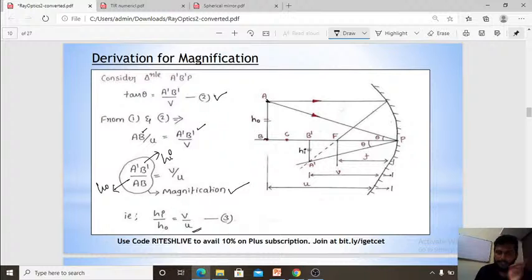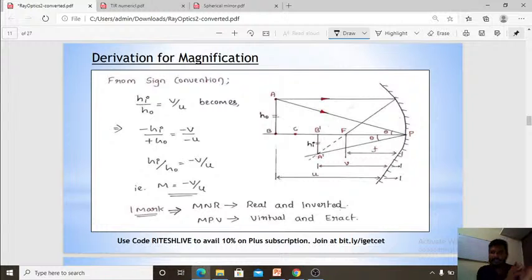Because you have to apply the sign rule. Along the direction of the incident ray you take positive, and opposite to that negative. Above the principal axis positive, below the principal axis negative. HI is below the principal axis, so I have taken it negative, and H naught above the axis positive.